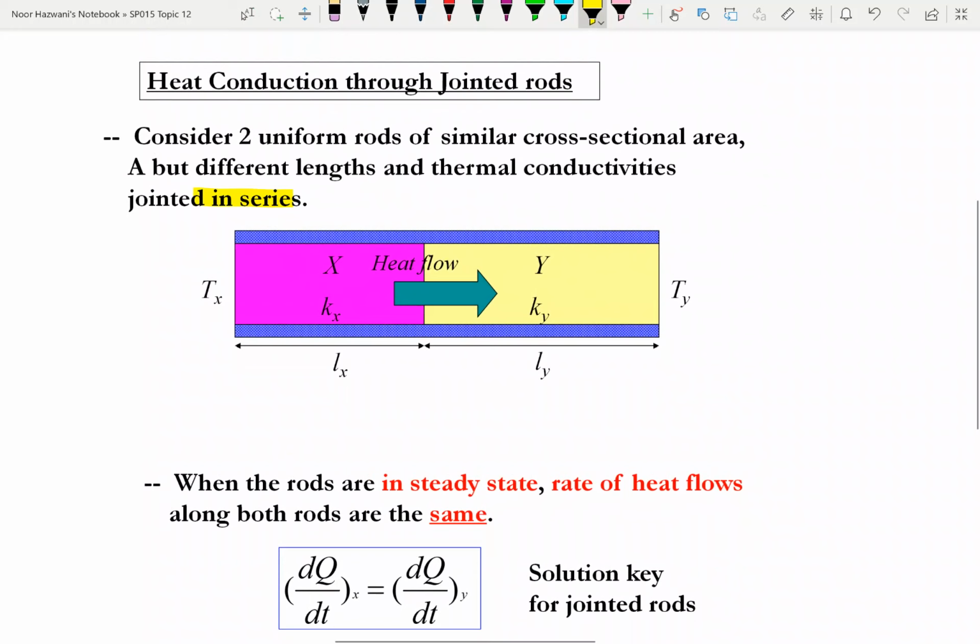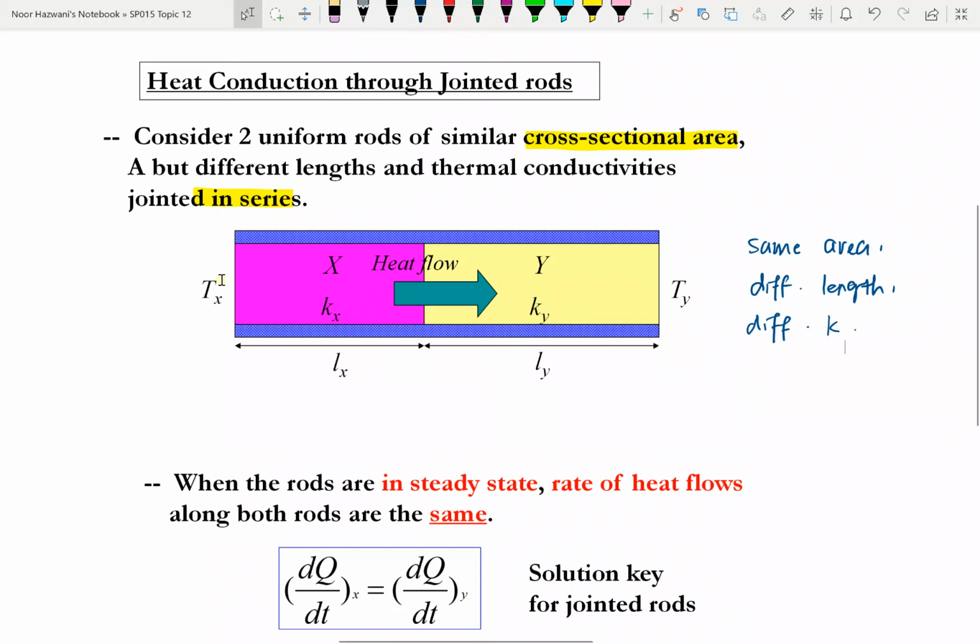Tetapi rod kita ada area yang sama. Okay, kat sini kita ada different length. Dan obviously lah mesti different K, conductivity, sebab setiap material nilai K dia adalah berbeza-beza.